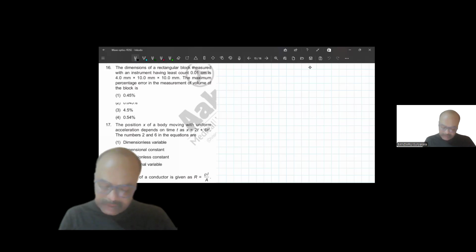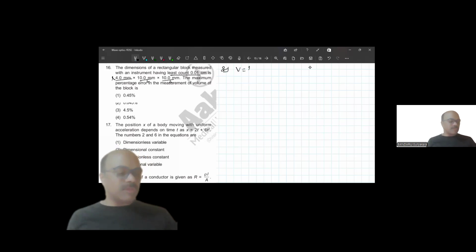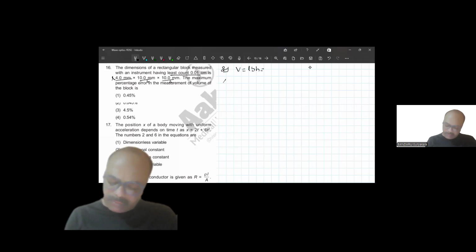The 16th one. List count is given. This is L, this is B, this is H. So first we should find out the value. Value equals LBH. So LBH, if you take, this is 4, 10, 10 millimeters. So delta V by V, the maximum error, delta V by V equals delta L by L, which is 0.1 by 4, plus 0.1 by 10, plus 0.1 by 10.